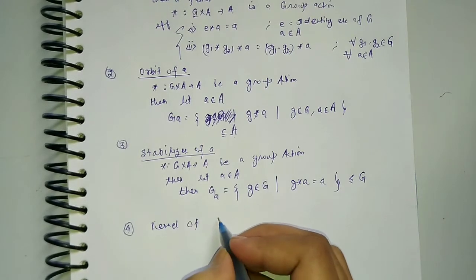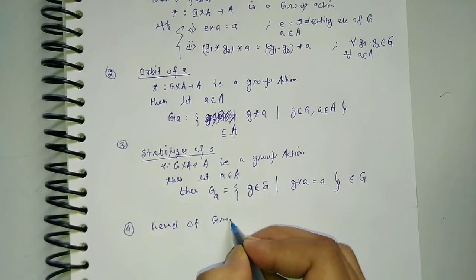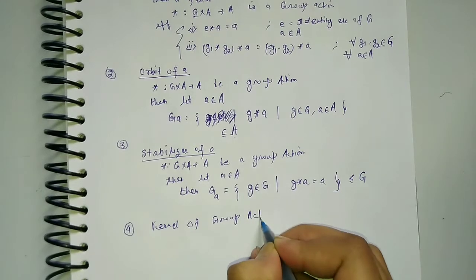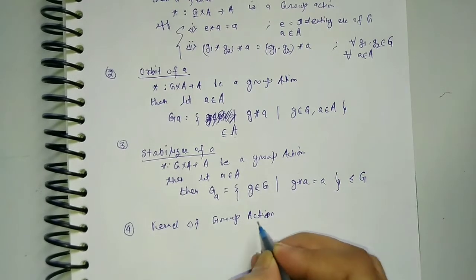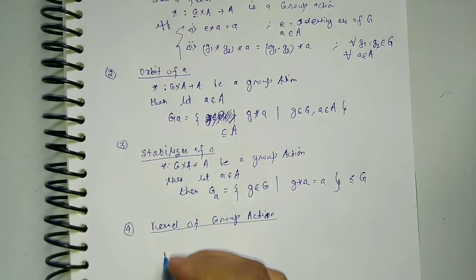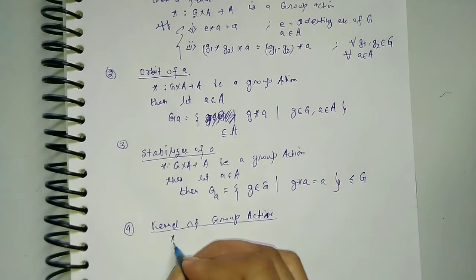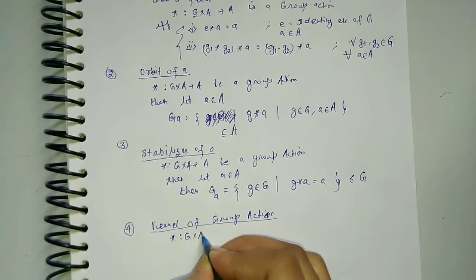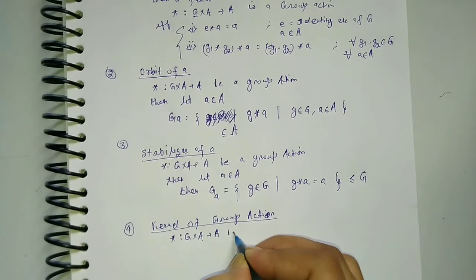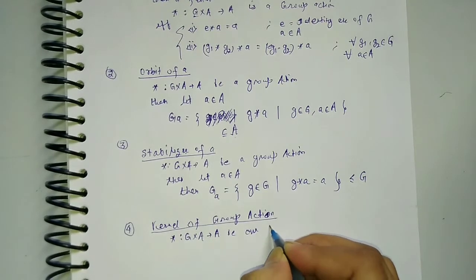Now the fourth definition is kernel of group action. Let star from G cross A to A be our group action.